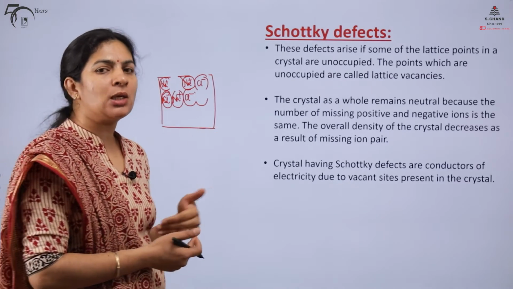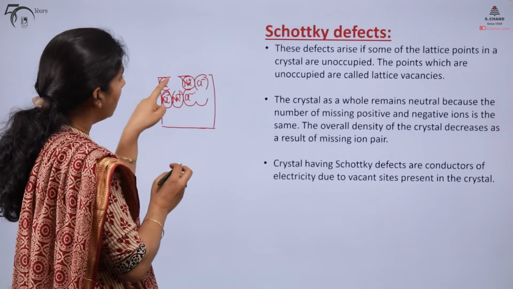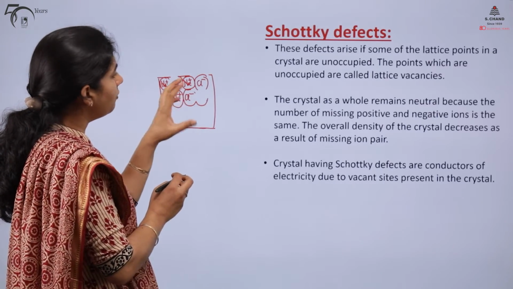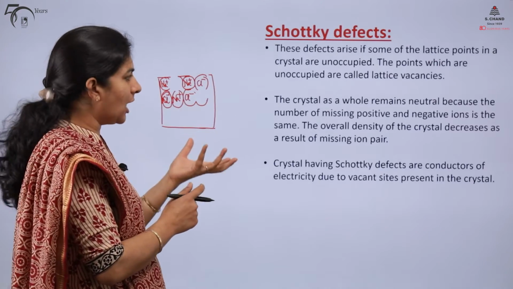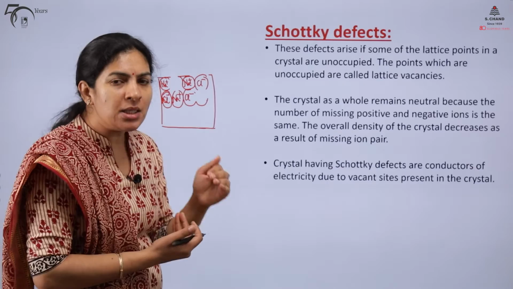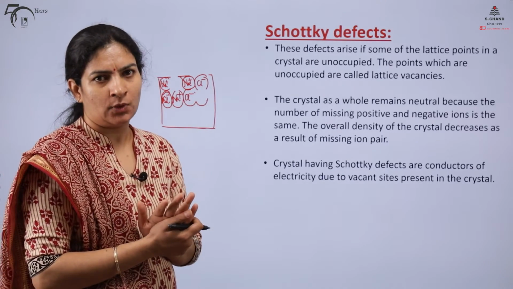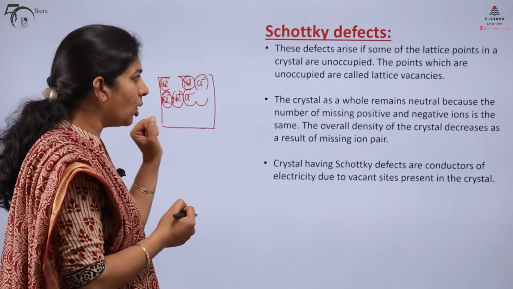Now what are the consequences of this defect? If you remove an ion pair, and there can be more pairs missing, this decreases the overall density of the crystal. So the overall density of the crystal lowers.